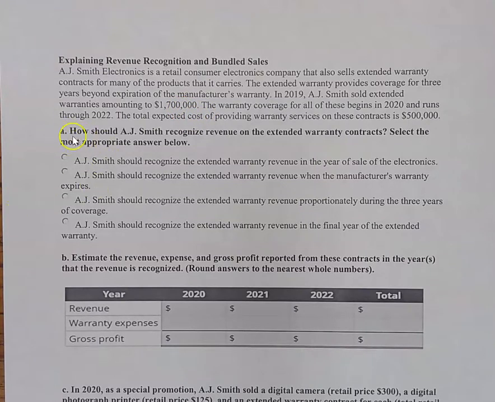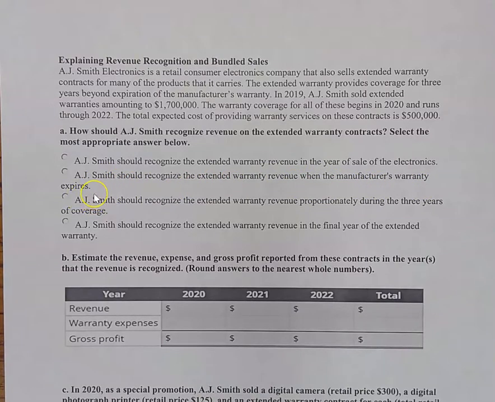But for A, let's find an answer that fits with taking this $1.7 million in revenue and recognizing it over time. Recognize the extended warranty revenue in the year of the sales of electronics. That is not true because it doesn't cover 2019 at all. Should recognize the extended warranty revenue when the manufacturer's warranty expires.